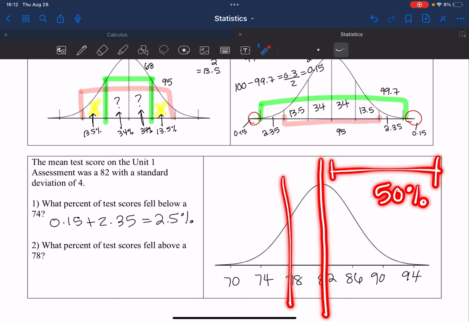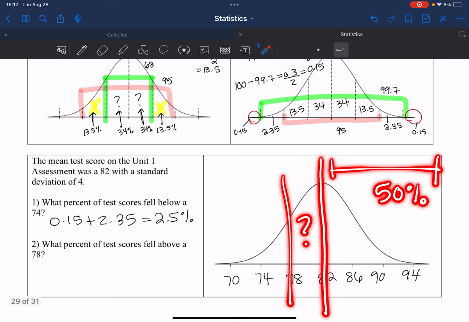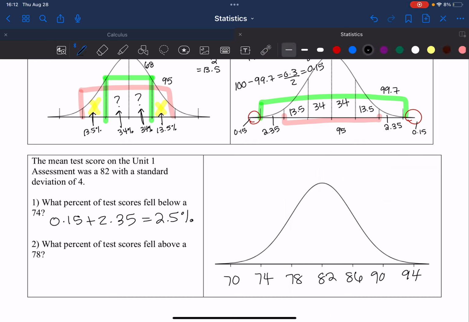So I would only have to find this little portion here, which I know from the table above is 34%. So 34 plus 50 gives me 84%. So the test scores that were above a 78 were about 84% of all test takers.